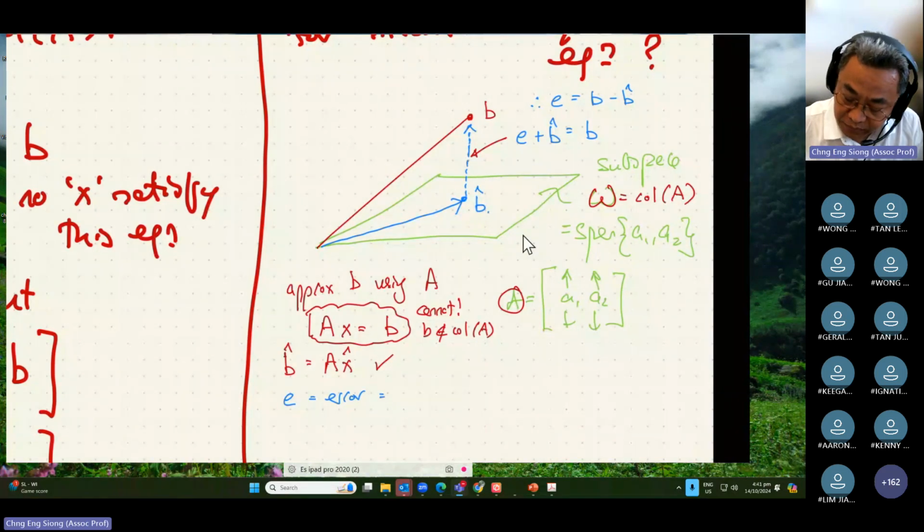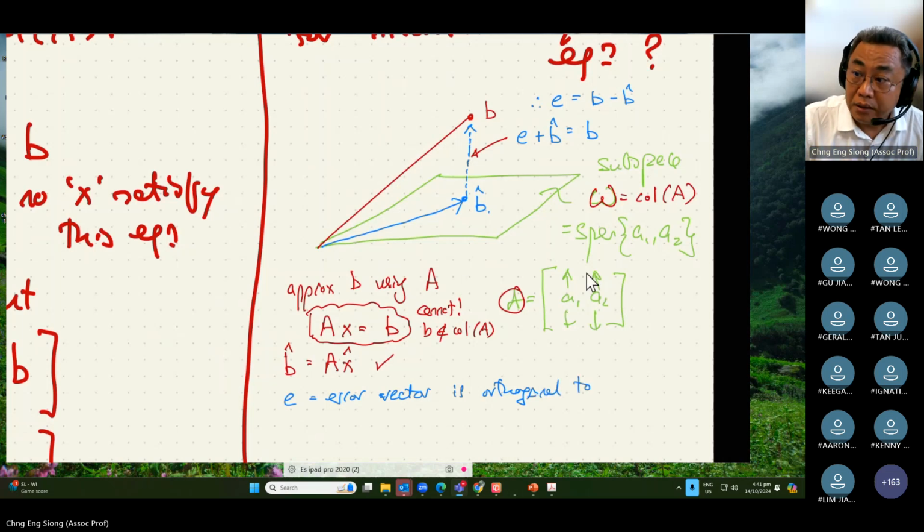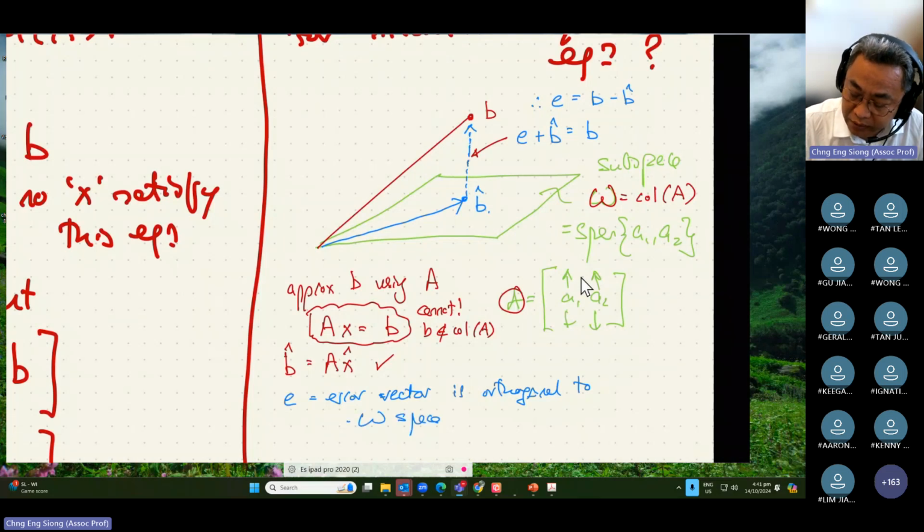That's what I'm asking. So, quiz question. How is the error vector orthogonal? Very good. Error vector E is orthogonal to who? Yes, the W subspace. W space, that's one way. What else? Any linear combination of what?